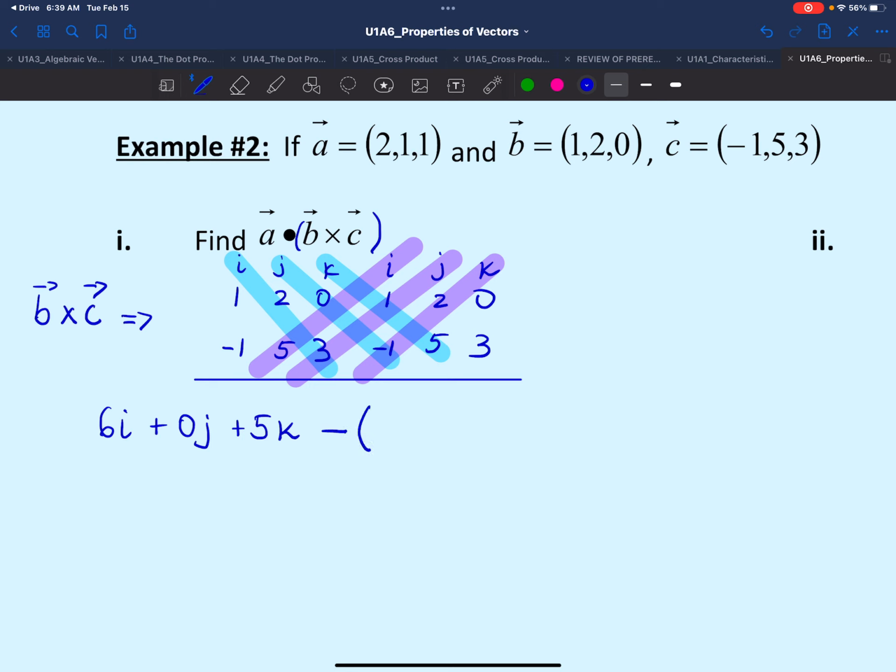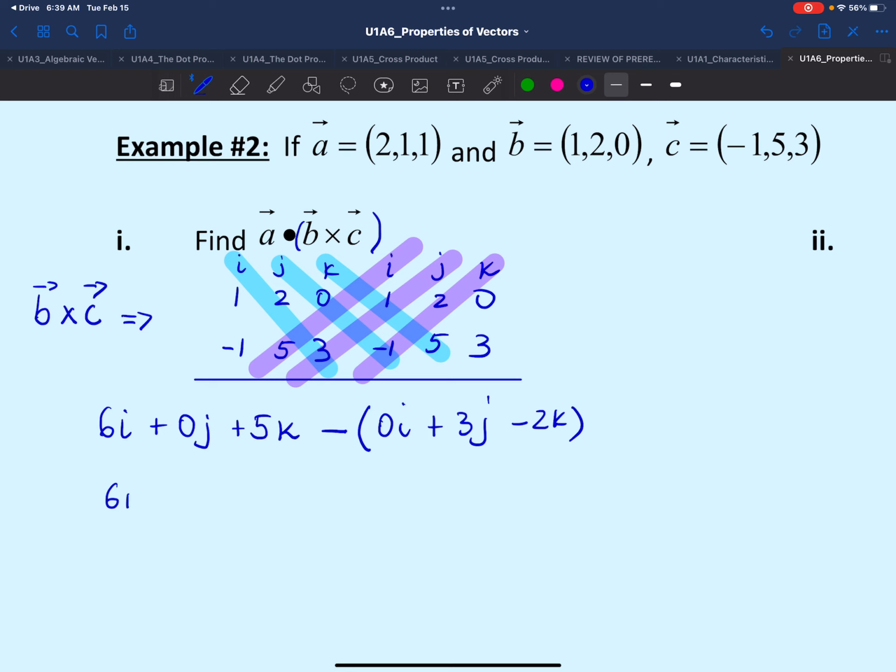Now subtract the up products. 5 times 0, i. So this 0 actually belongs here. 3 times 1, j. Negative 1 times 2, k. So negative 2k.